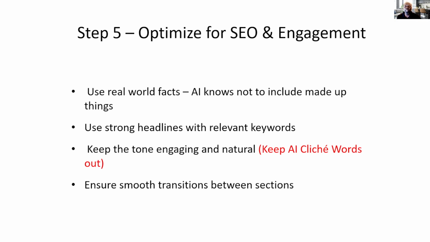Now, removing them doesn't mean the AI won't still want to use some of those things, but it will be less likely to have those cliche words in there. And then in your templates, you are including smooth transitions. You'll notice that AI is not very good at writing transitions, but when we include the transitions in our templates, like I've shown you, everything just flows smoothly, like you would expect to see.